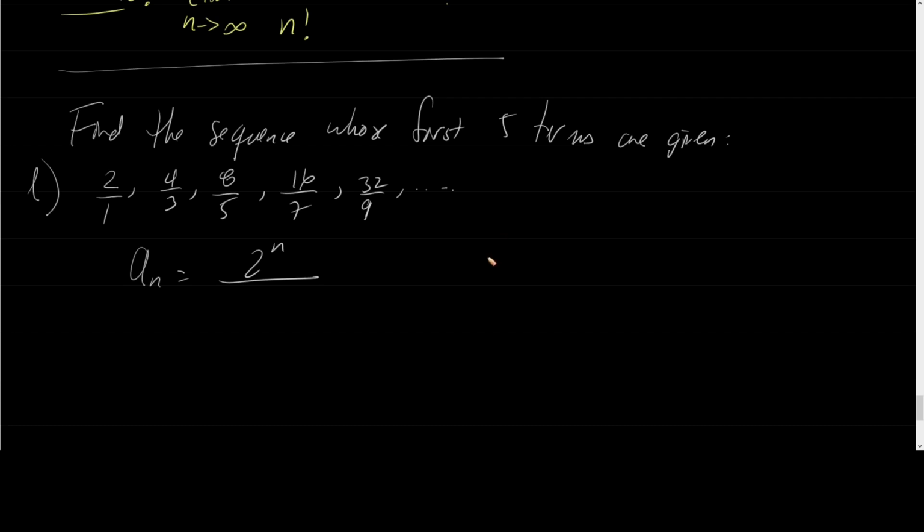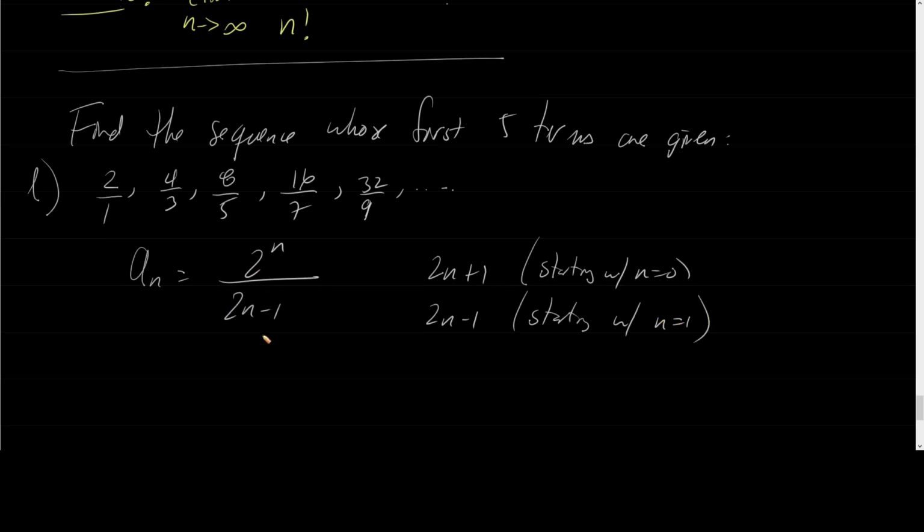Normally we would say an odd number can be defined as 2n plus 1 if I start at n equals 0, or 2n minus 1 when we're starting with n equals 1. So if I'm going to start with n equals 1, I have to write the denominator as 2n minus 1.